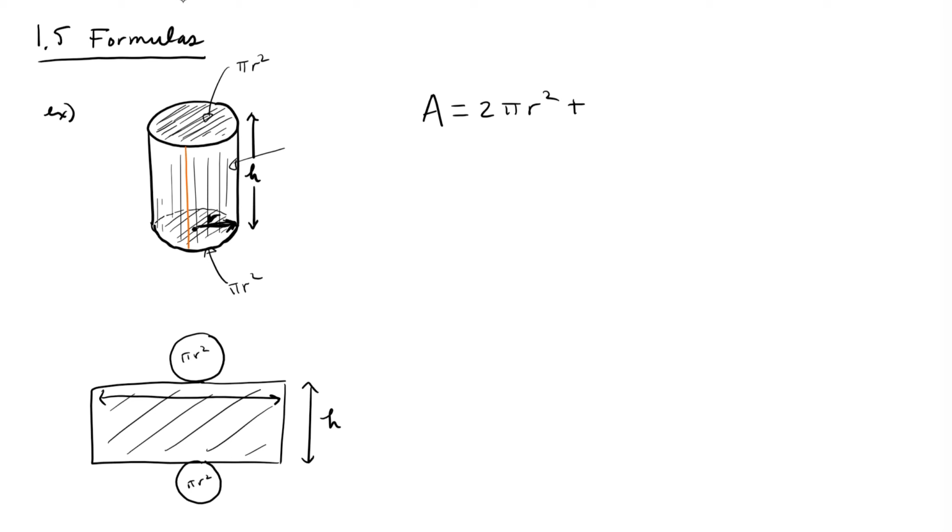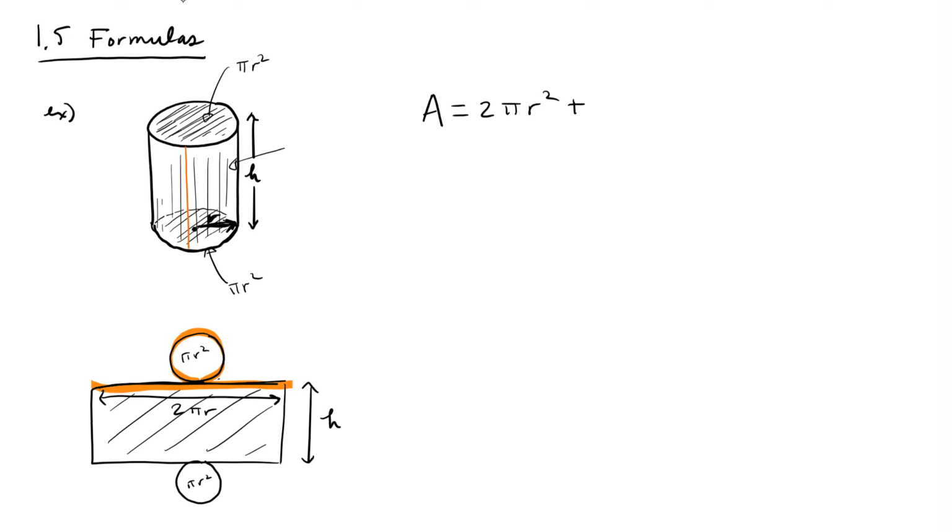Once I form the cylinder, this side here is going to wrap around my circle, so it has the same length as the circumference of the circle, which is 2 pi r.